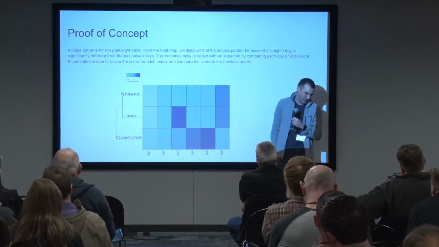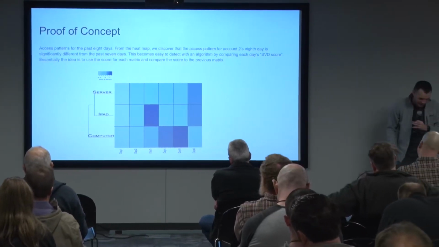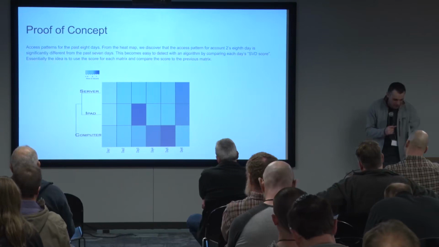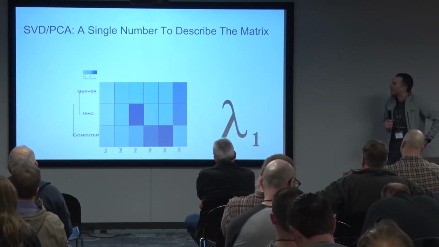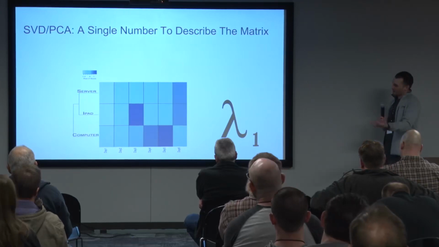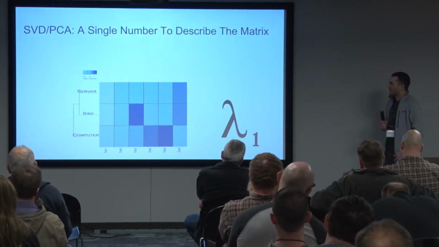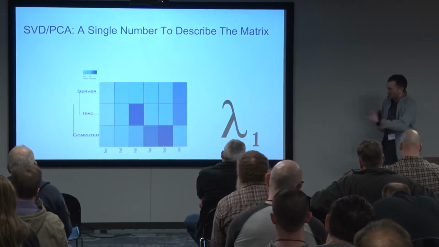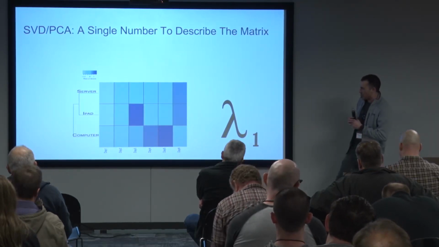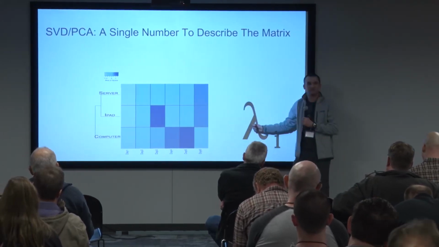We have a normalized count here because there's some light machine learning going on in the background, but the key intuition is that I have a matrix that describes behavior, and if I'm doing this in real time, I can use a couple of straightforward, vanilla computations that are pretty standard for this problem to describe this whole matrix with a single number.